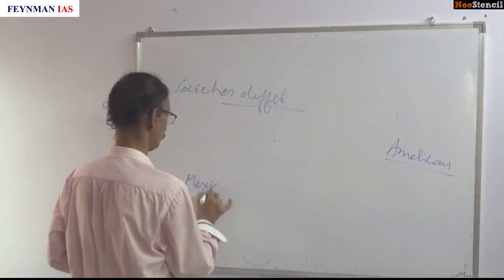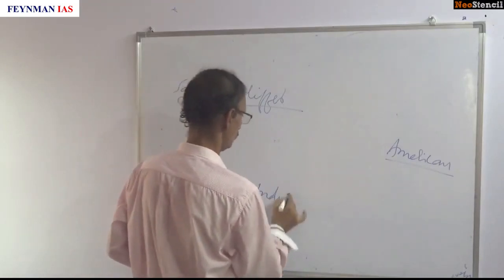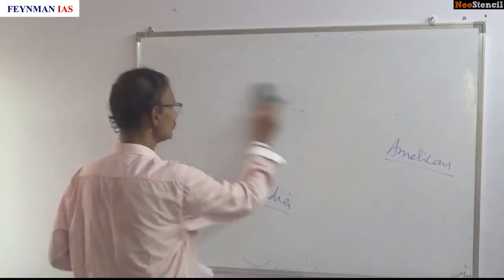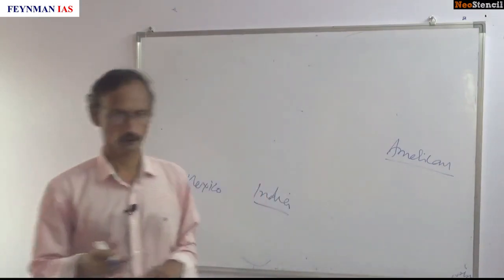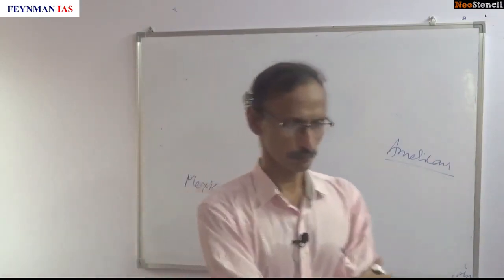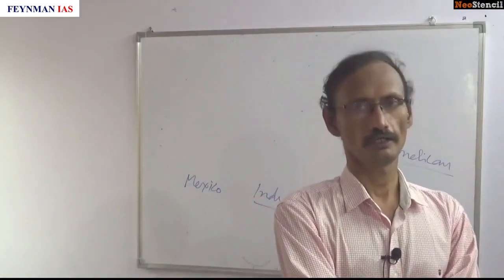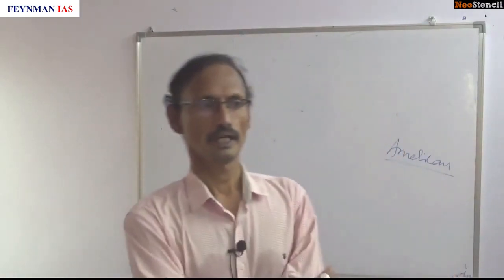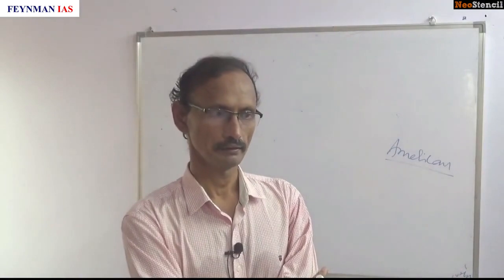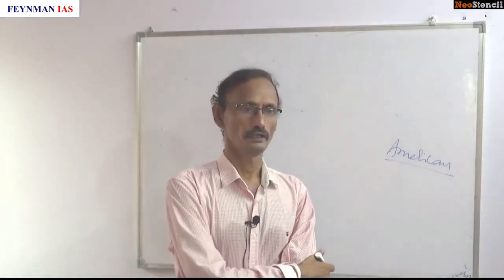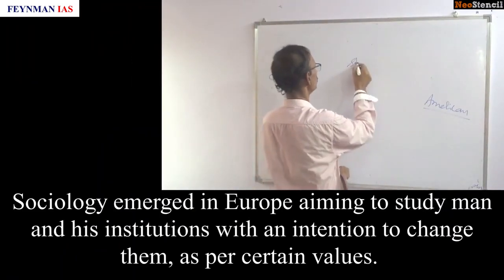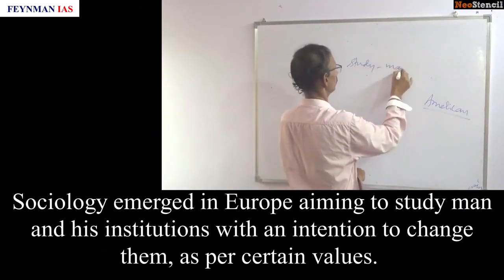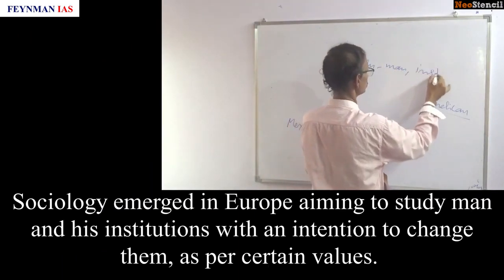Okay. Sociology developed in Europe as part of modernization, as a part of studying man scientifically and his institutions with an intention to change them. Study man and his institutions.